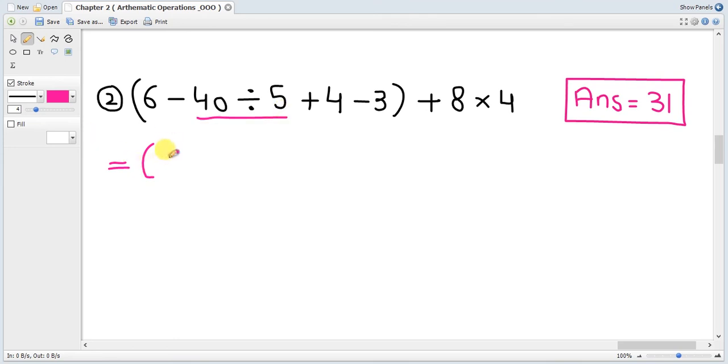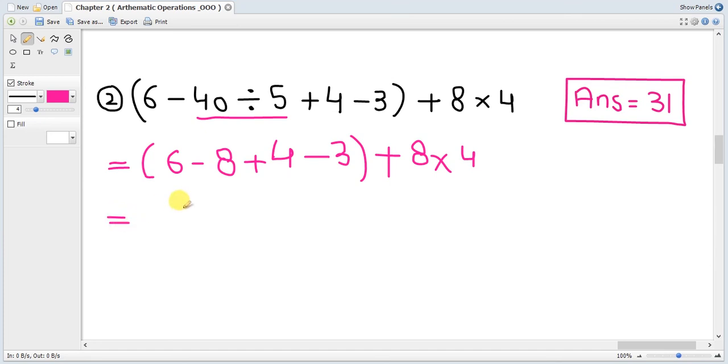So minus 40 divided by 5 will give you minus 8. And write the remaining equation as it is down, which is plus 8 and times 4.